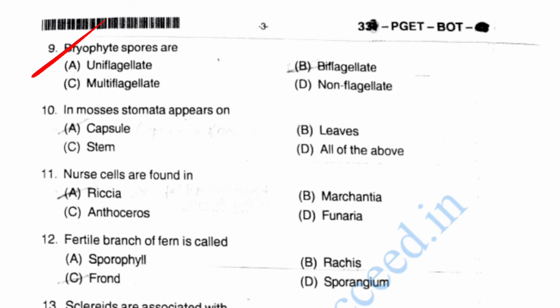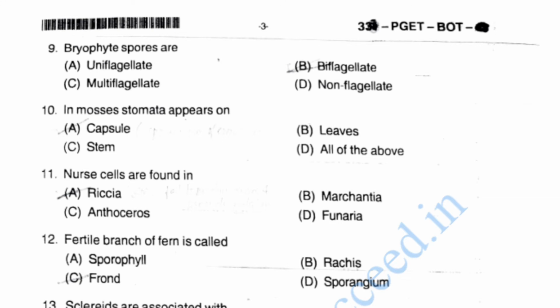So you should know that this is a very important characteristic feature in case of bryophytes. Bryophytes have always two flagella in their spores, and that is why they are biflagellated in nature. Clear? Keep in mind. So bryophytes are always biflagellated in nature.